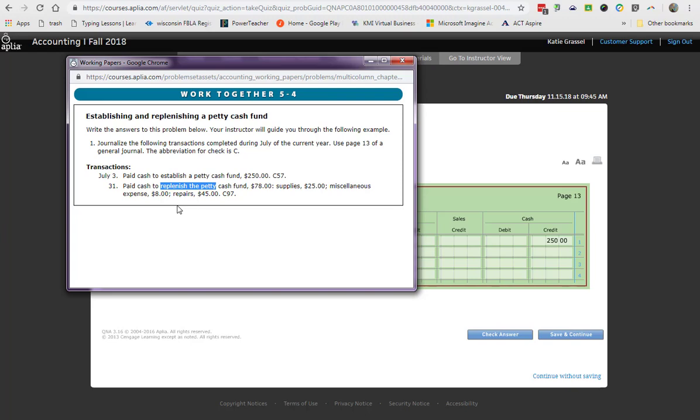And if you see supplies in there, you're affecting supplies. So when students read this transaction, it says paid cash to replenish petty cash fund, $78, supplies $25, miscellaneous $8, repairs $45. So this is what students say: petty cash fund $78, supplies $25, miscellaneous $8, repairs $45.